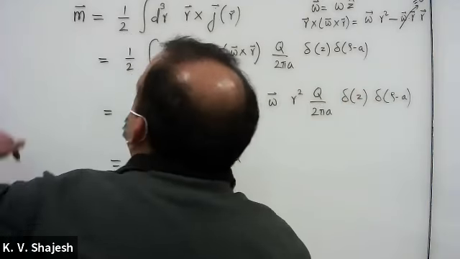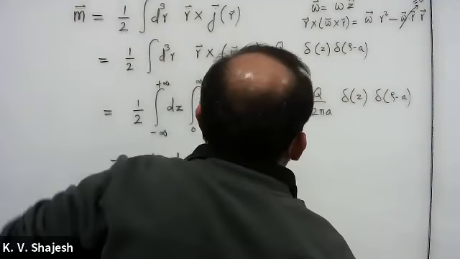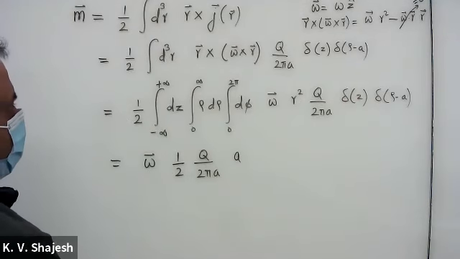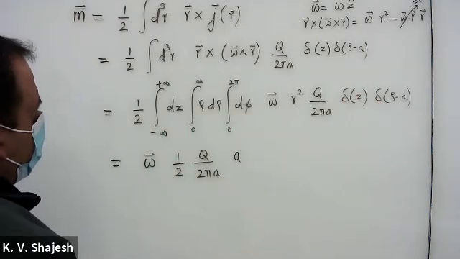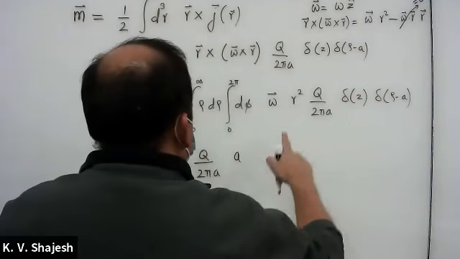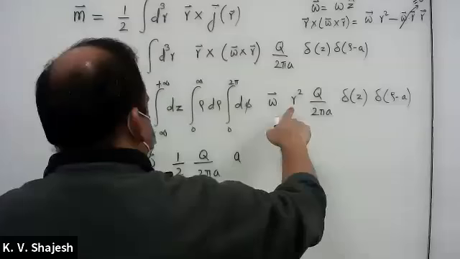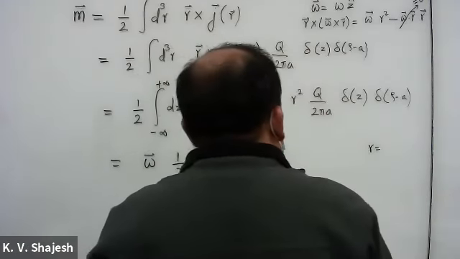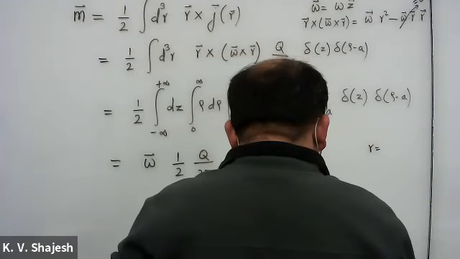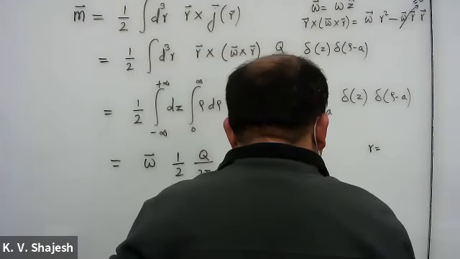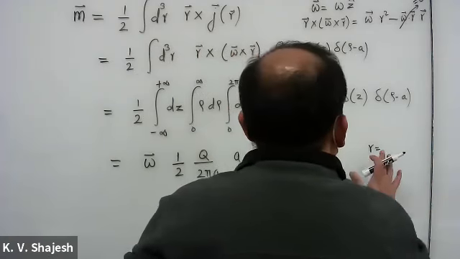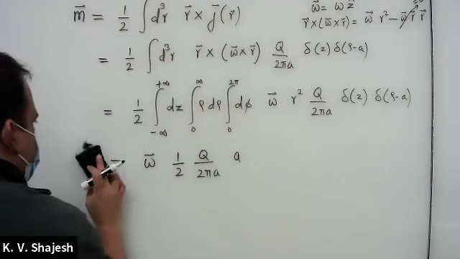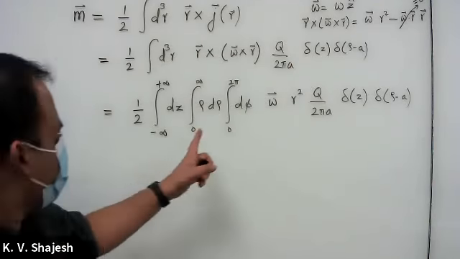Where is r? R is everywhere on the ring. So everywhere on the ring, wherever z is equal to 0, r is basically equal to a. So this is rho is a, and r is actually equal to, so how do you put this? Maybe I should do one more step here, right? Let me not jump a step, because this is in mixed coordinates.